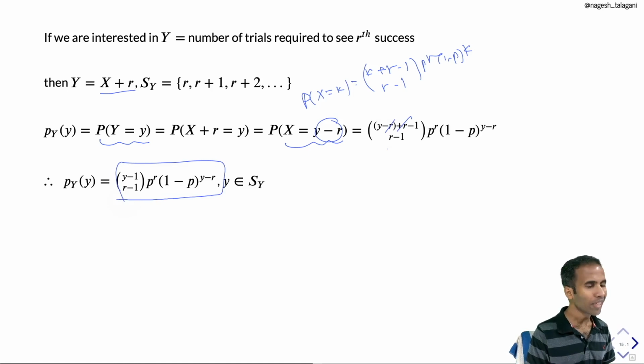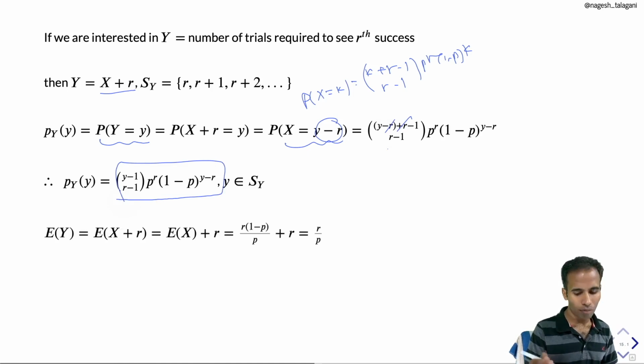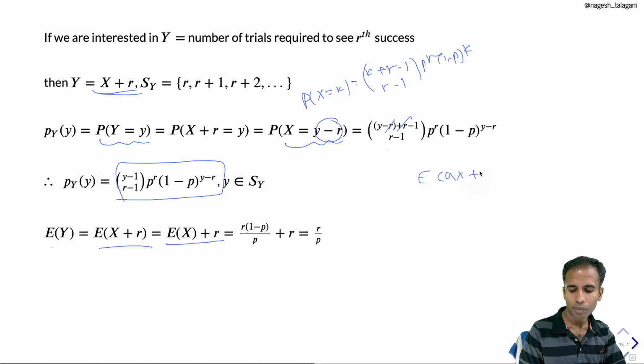Now we can easily see the expectation of Y in terms of the expectation of X. Expectation of Y is the expectation of X plus r, as Y equal to X plus r. We know that the expectation of aX plus b is a times the expectation of X plus b.